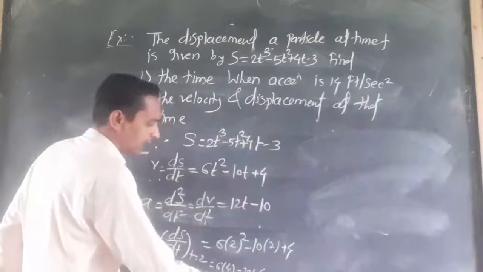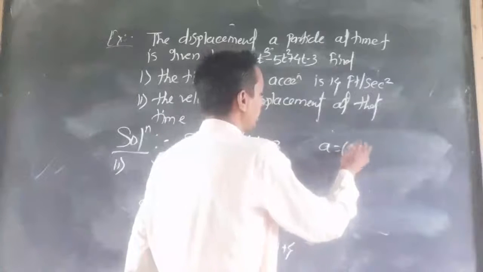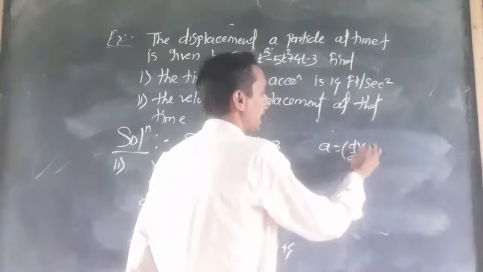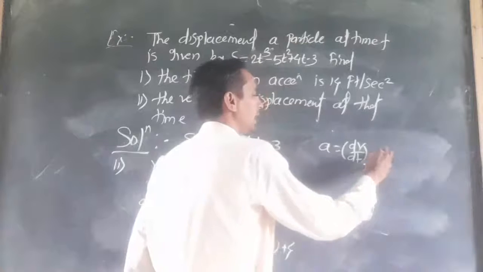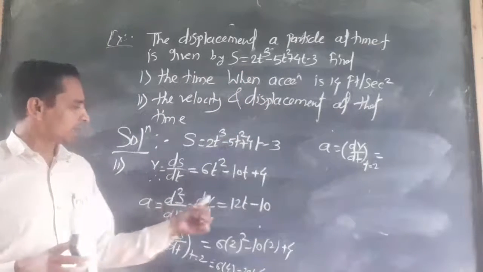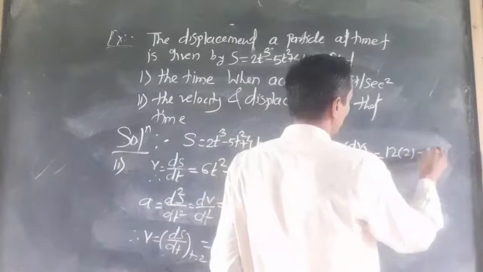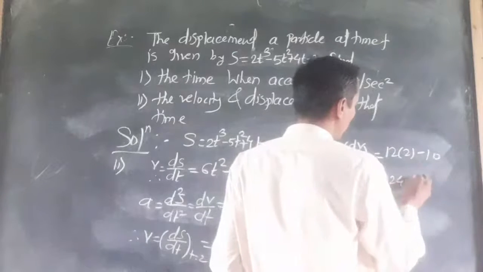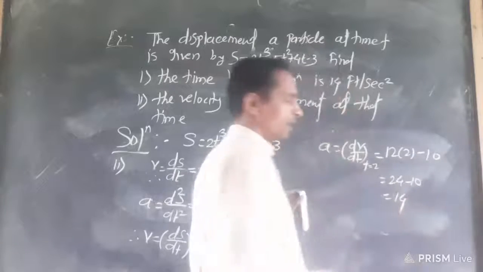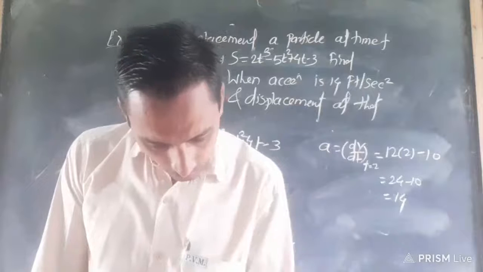Answer is 8. And acceleration a is equal to dv by dt at t is equal to 2. Replace t is equal to 2. 12 into 2 minus 10. 12 2s are 24 minus 10. Answer is 14.